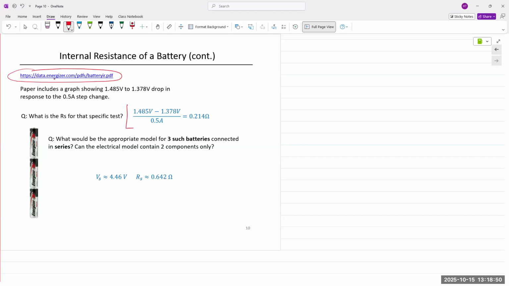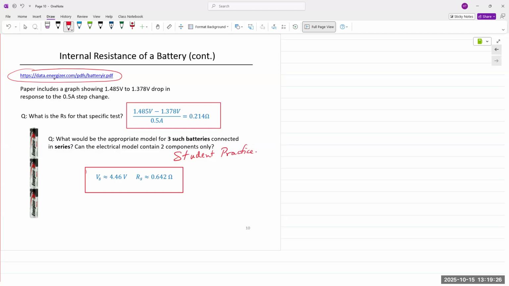So Rs would simply be the change in voltage, delta V over delta I, which comes out to be 0.214 ohms. And as an exercise, I would assign this for student practice. This should enhance your understanding of the topic.